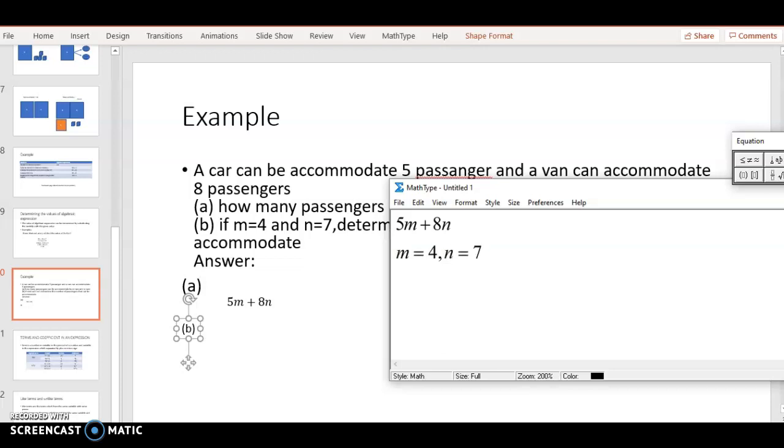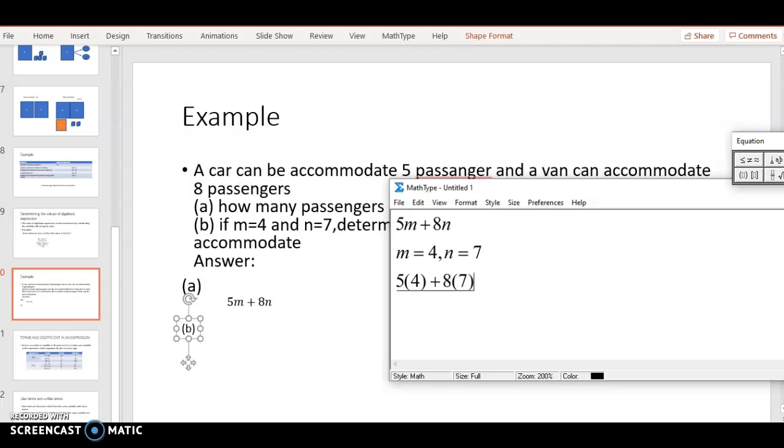For me, usually I will try to write the information first before I try to solve it. Now 5, and then m here will be represented with number 4, and then plus 8 multiplied with number 7, 8 times 7.